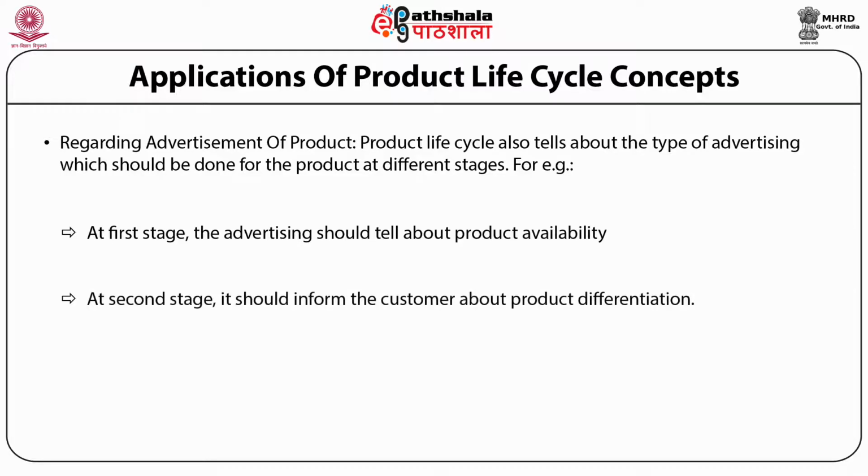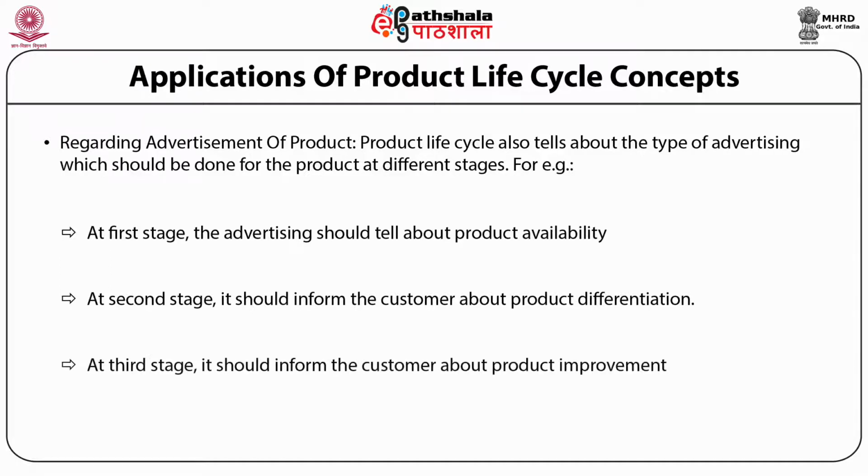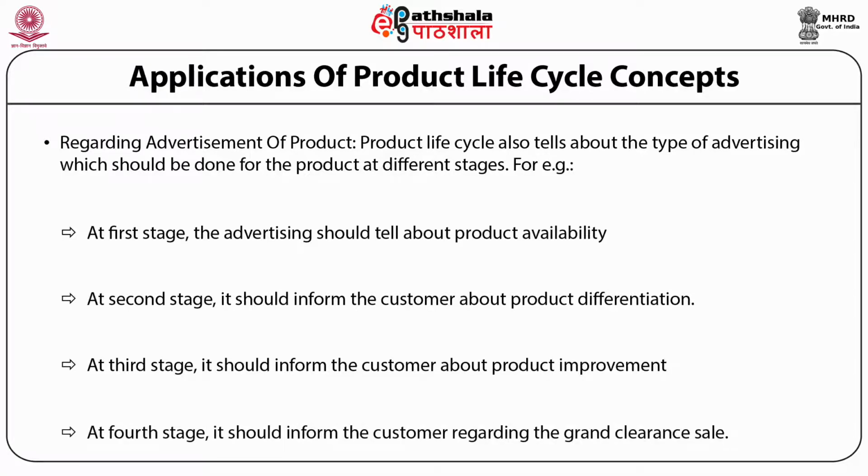At the second stage, it should inform the customers about product differentiations. At the third stage, it should inform the customers about the product improvements. And at the fourth stage, it should inform the customers regarding the grand clearance sales.